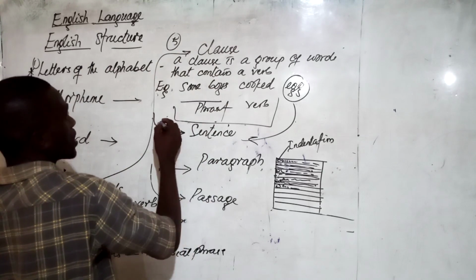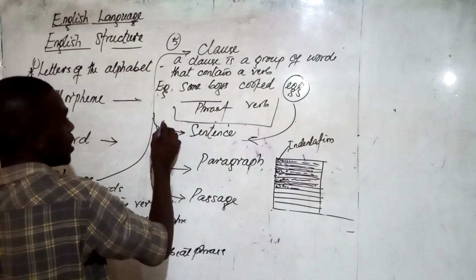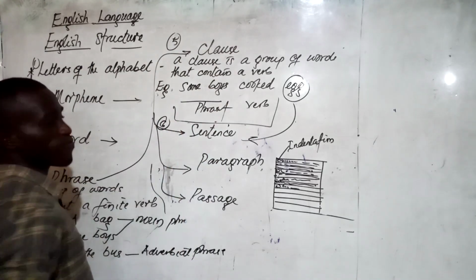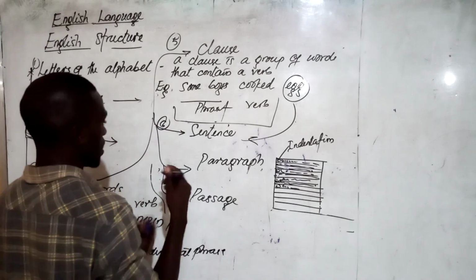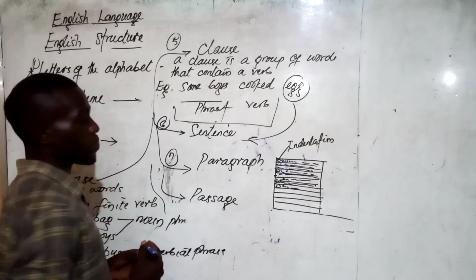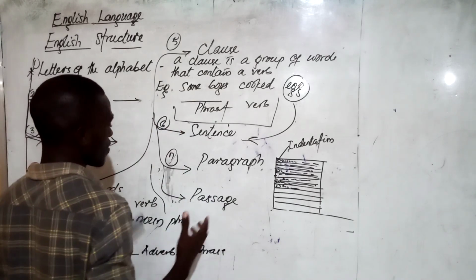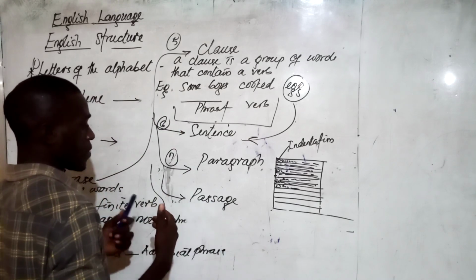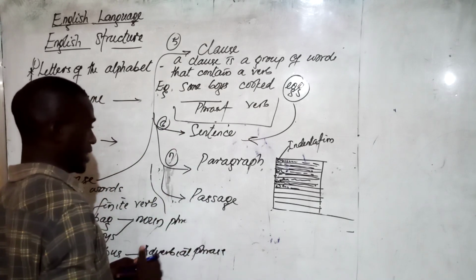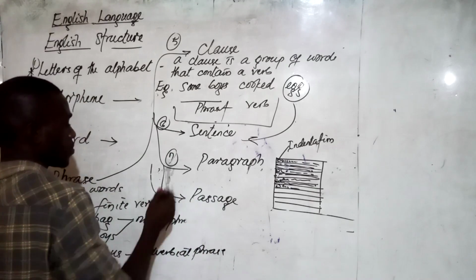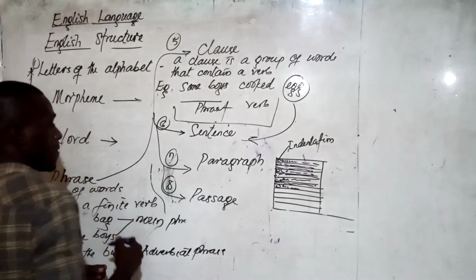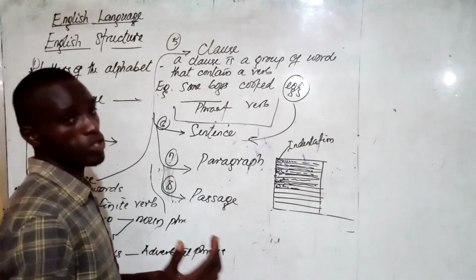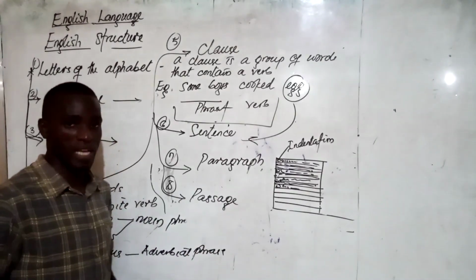Clauses work together to form a sentence when they convey a full idea. Sentences come together to form a paragraph, as long as they talk about the same idea. Paragraphs come together to describe a particular topic, thereby forming a passage.